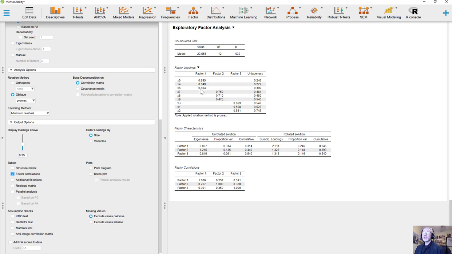So you really don't understand exactly how the factors are working to reproduce the correlation matrix, and that is the goal, unless you also understand the correlations between the factors. This is saying that factor 1 is correlated 0.257 with factor 2, it's correlated 0.391 with factor 3, and factors 2 and 3 are correlated at 0.350.